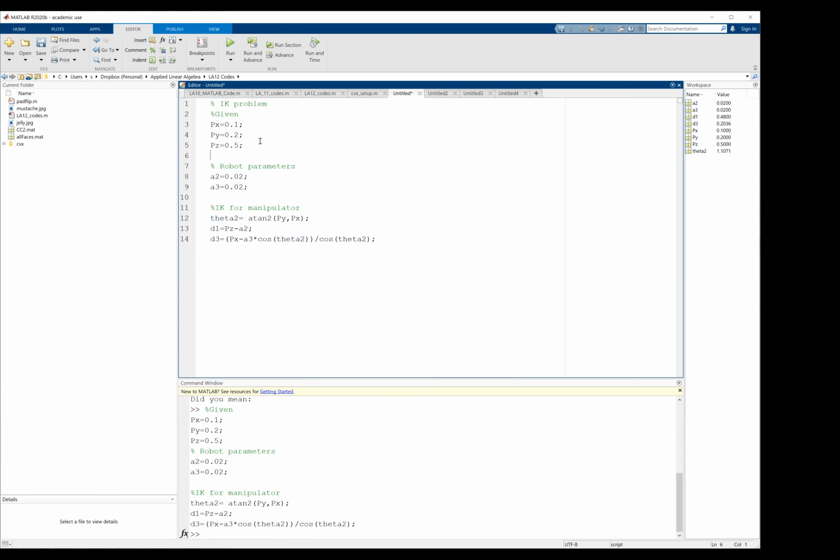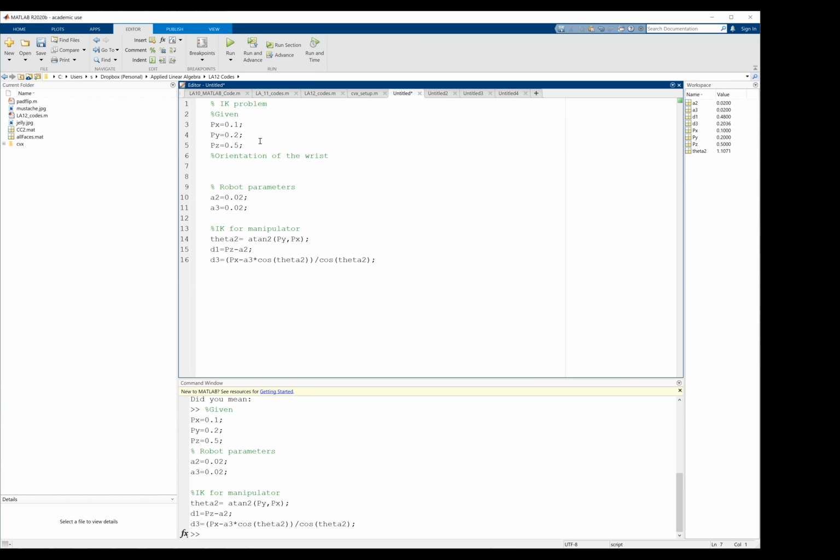Now the next thing that is given is the orientation of the wrist. The orientation of the wrist is given in terms of a matrix, and I want you to go back and see this wrist orientation matrix.